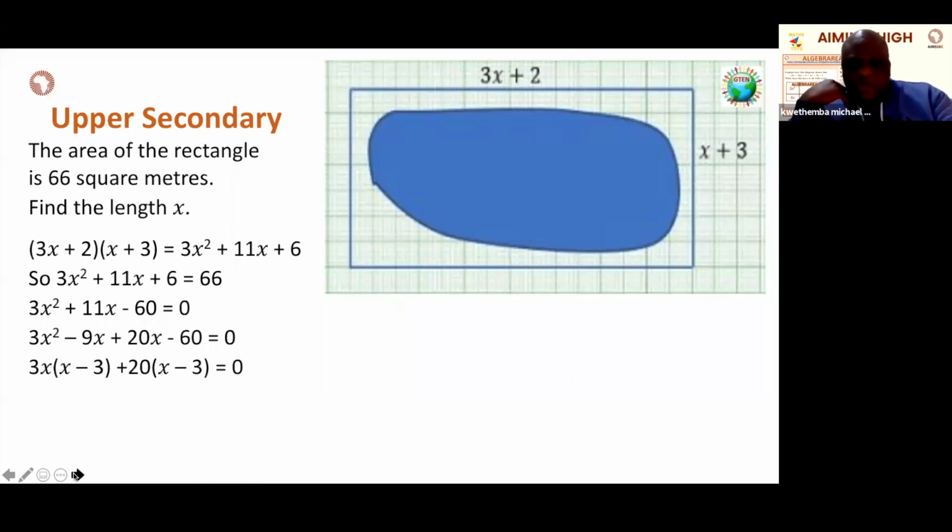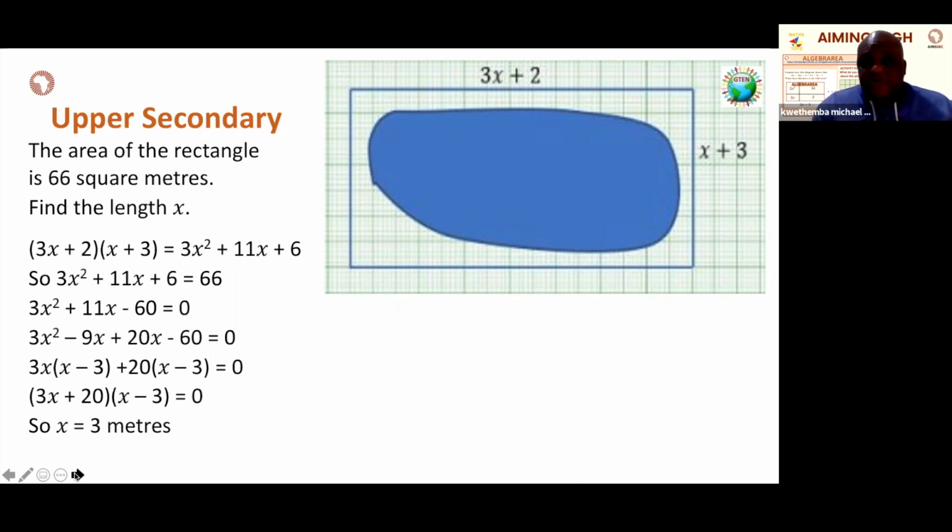Then they will realize that looking at these terms through grouping, we can factor out a common term: 3x multiplying the common term x minus 3, and 20 multiplying the common term x minus 3. That gives us 3x plus 20 multiplying x minus 3 equated to 0. Then we are still interested in solving for x.